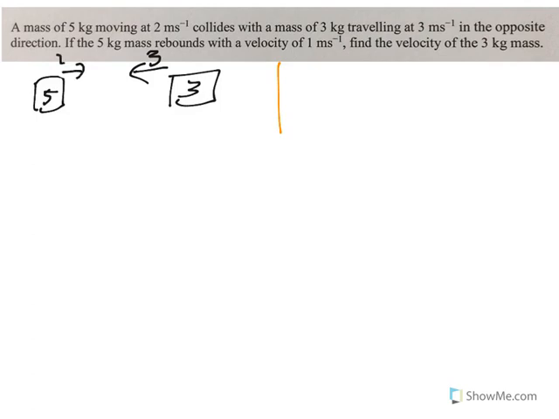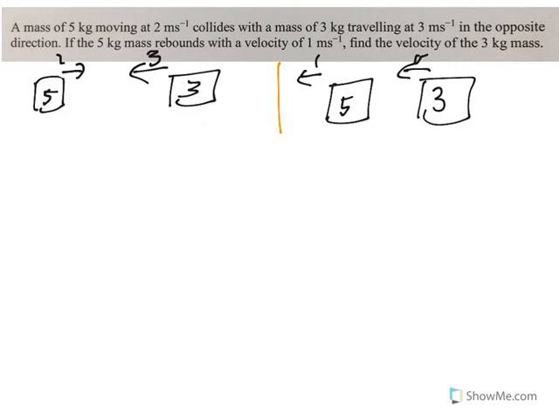And then after that, the 5 kilo mass rebounds, so it's going this way at 1 metre per second. And we want to find out which velocity the 3 is going at. I'm just going to work on an assumption that it's going that way, and we'll see what happens.